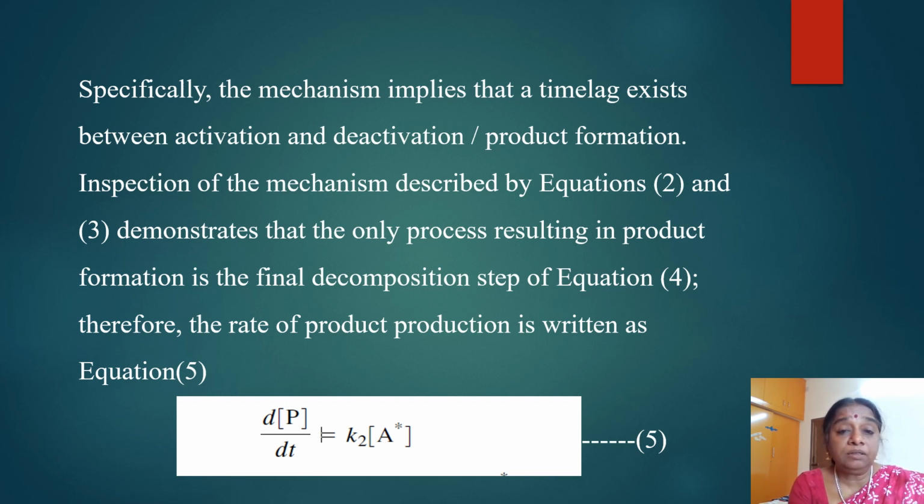When we inspect the mechanism described by equations 2 and 3, they demonstrate that the only process resulting in product formation is the final decomposition step, which is given by equation 4.